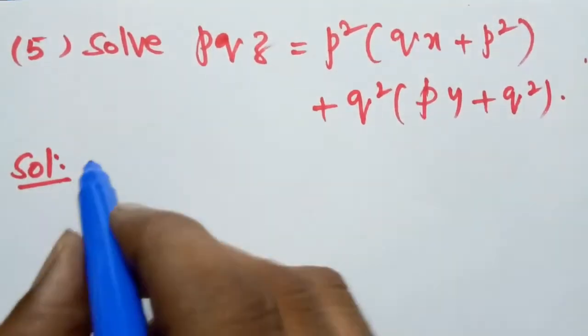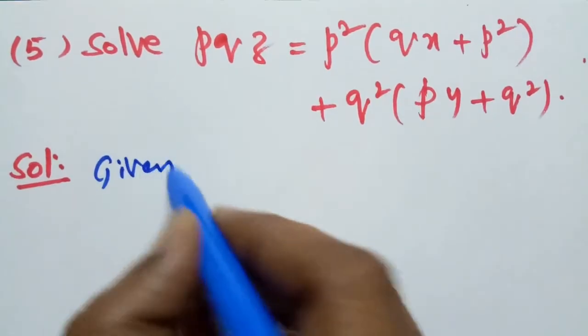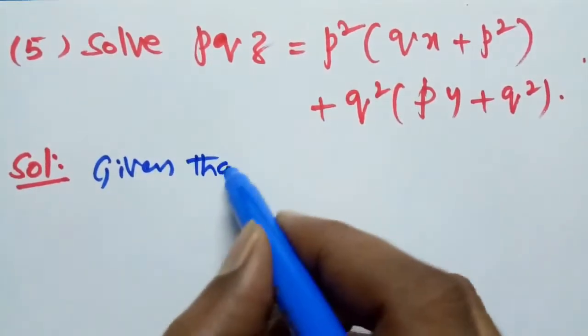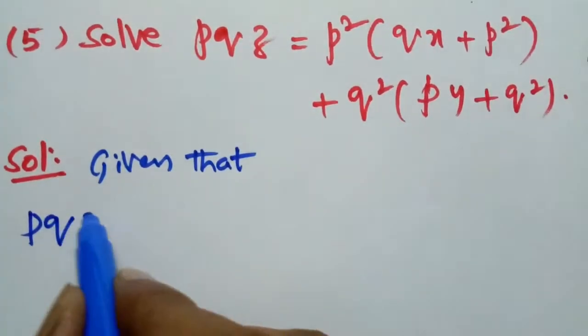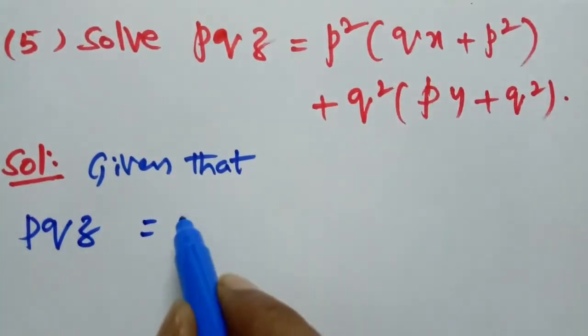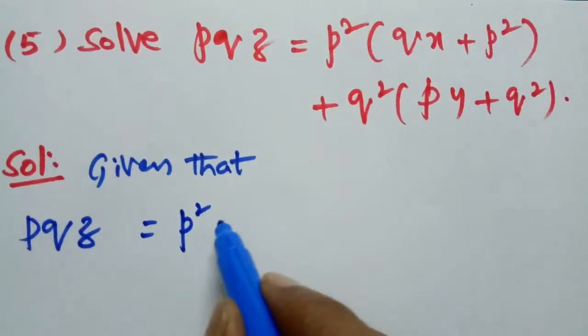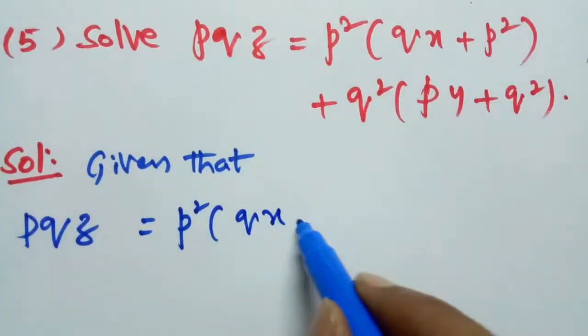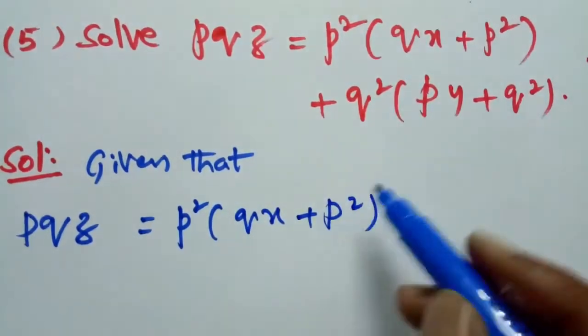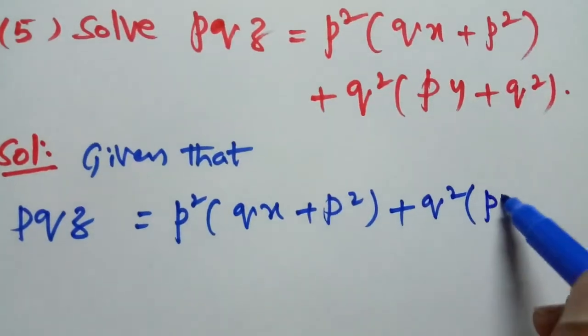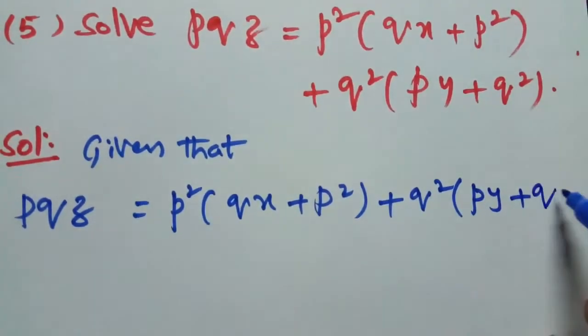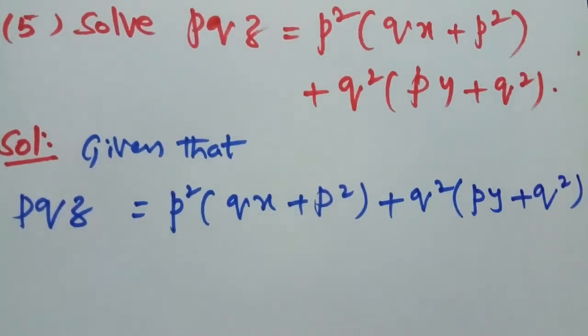First, write down the given equation. Given that pqz is equal to p square into qx plus p square, plus q square into py plus q square.